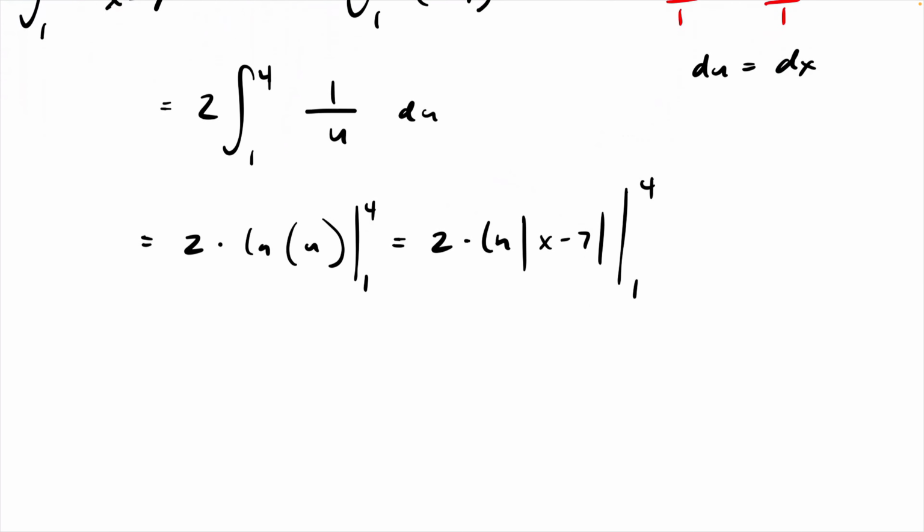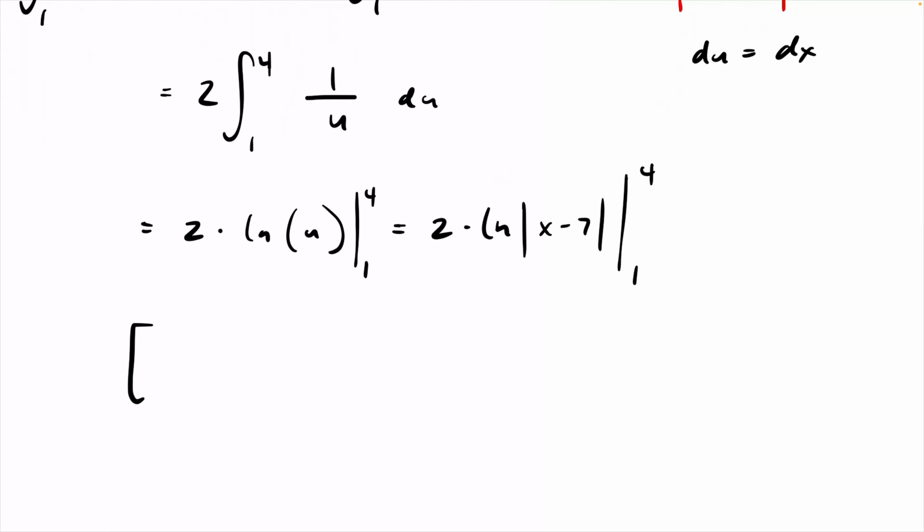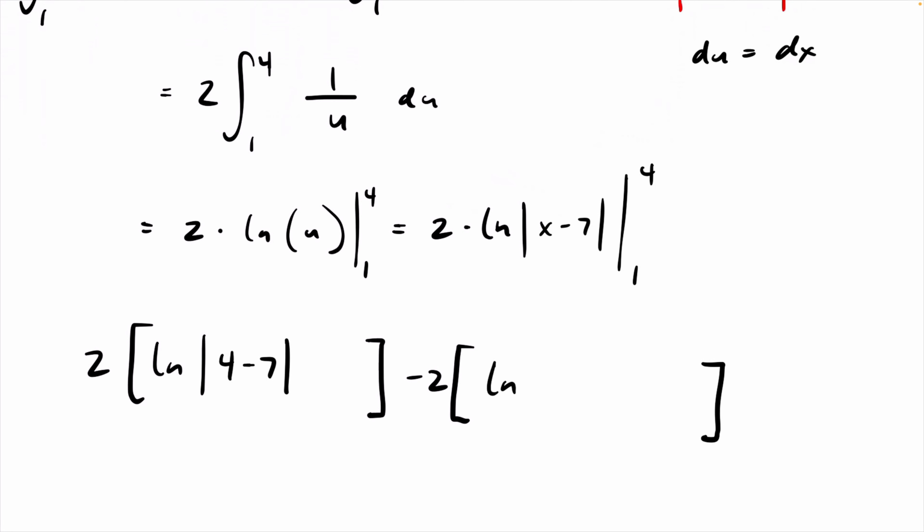Okay. All right, so let me plug in these two guys. So we get 2 in front of both. And then we get natural log of x, 4 minus 7. Natural log of 1 minus 7.